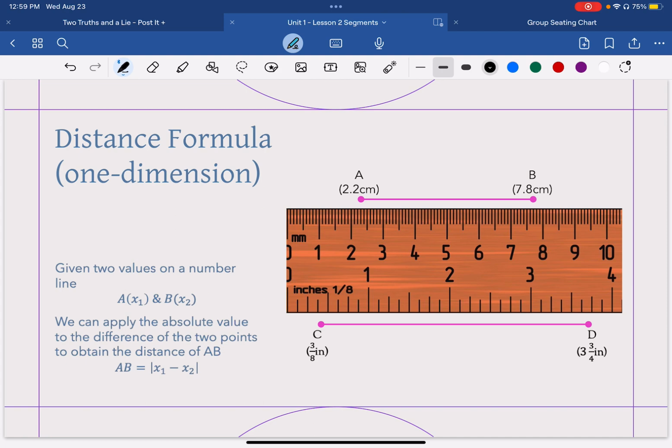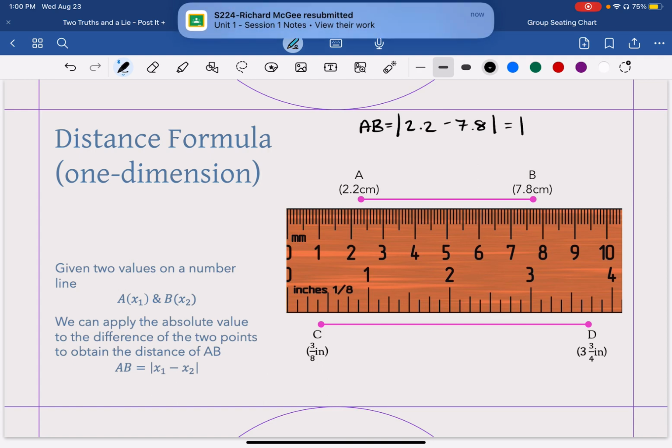So for example, we can say that AB is going to equal the absolute value of 2.2 minus 7.8, and this is going to give us the absolute value of negative 5.6.